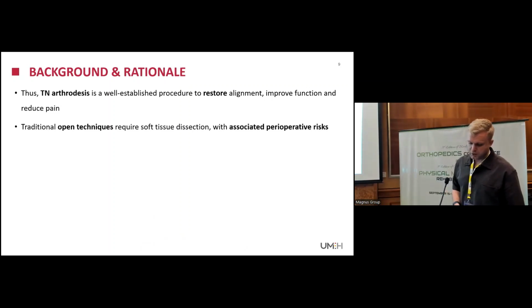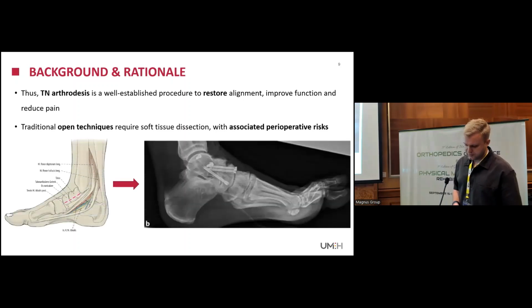The traditional open techniques require tissue dissection with associated perioperative risk. So this is a classical open approach to the TN joint where, as I already mentioned, you dissect the soft tissues and then restore the alignment with plates, staples or screws.